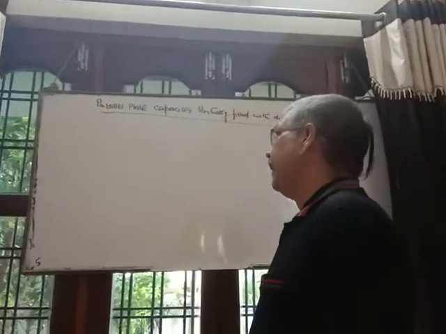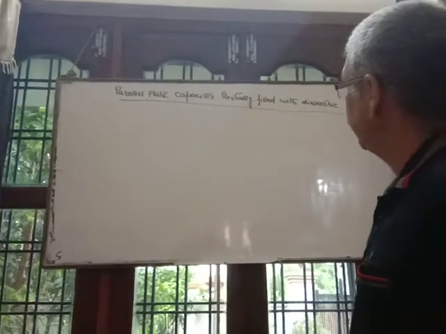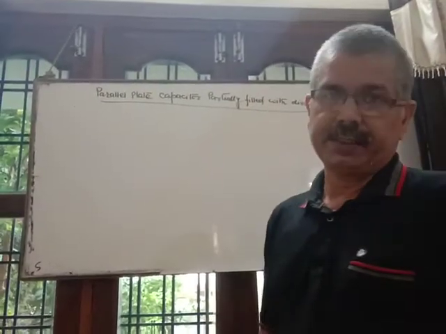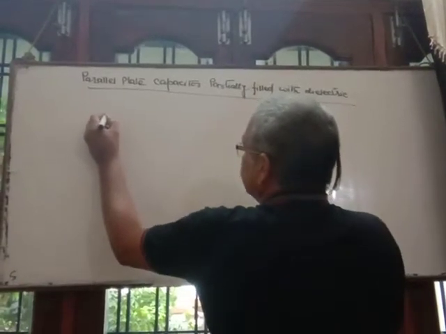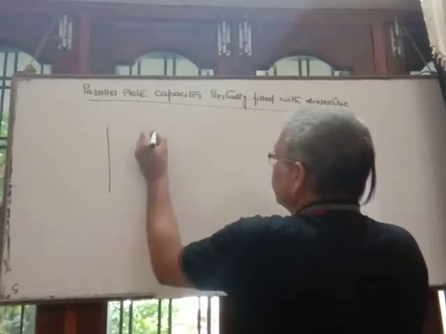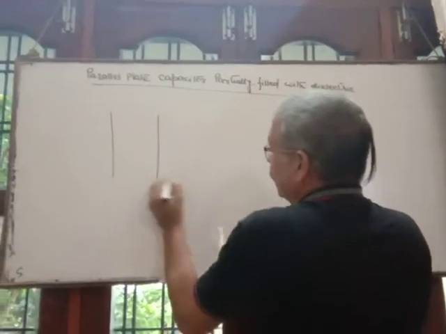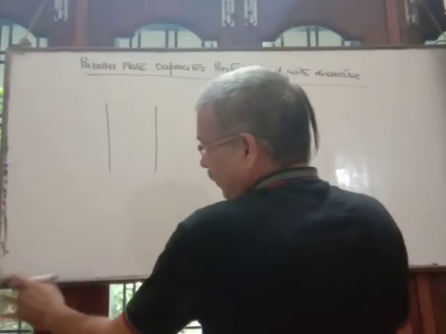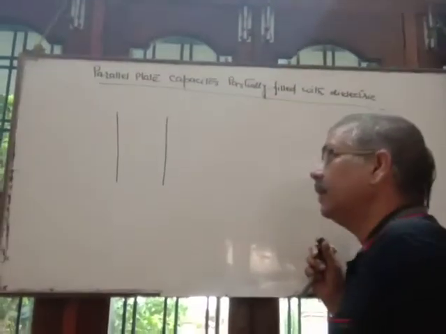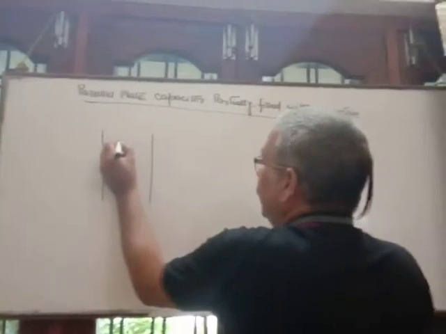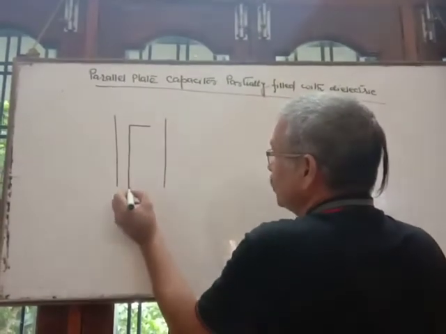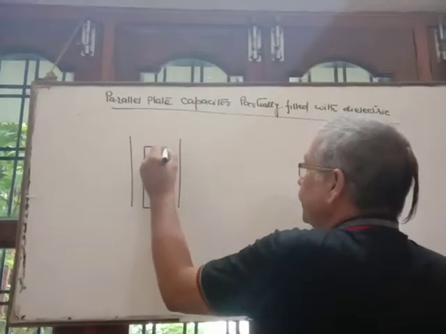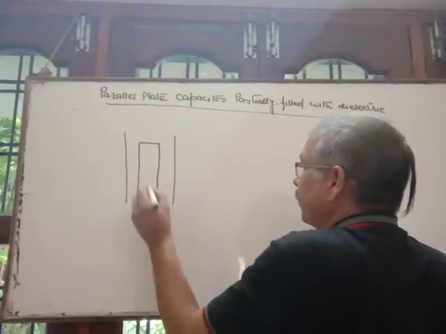Today we will discuss the parallel plate capacitor when partially filled with dielectric. Suppose we have a parallel plate capacitor whose plates have surface area A, and a dielectric is introduced in between the plates of the capacitor.